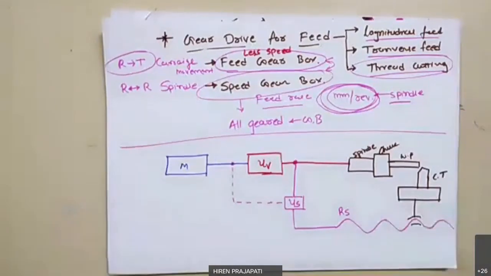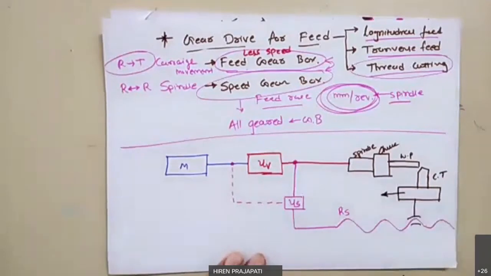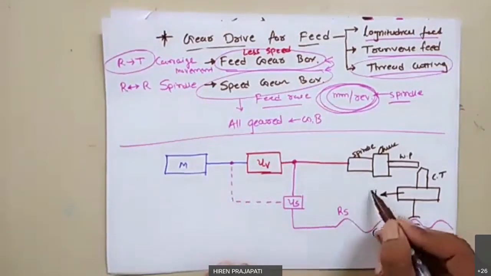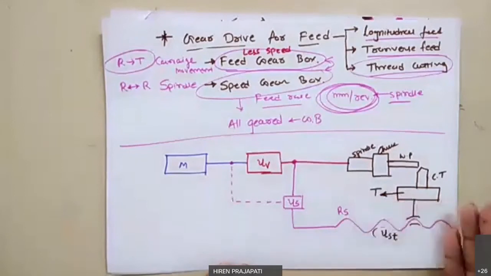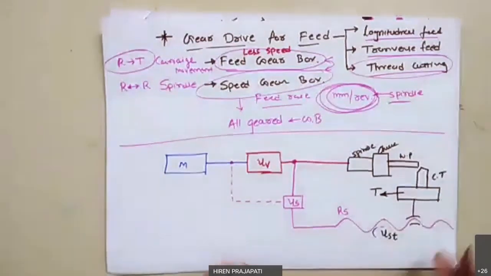Let me call the translation of this carriage T. Then that depends on UST, again a transmission ratio between RS and this T. So if you're talking about longitudinal feed, then that longitudinal feed we get from here.